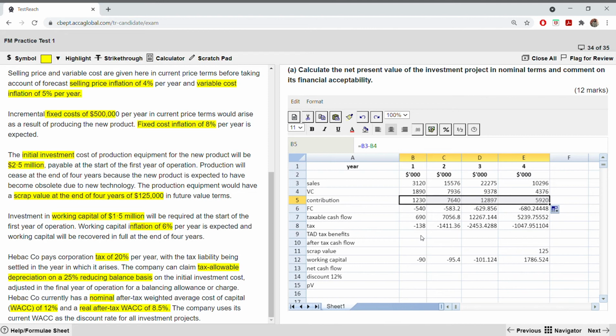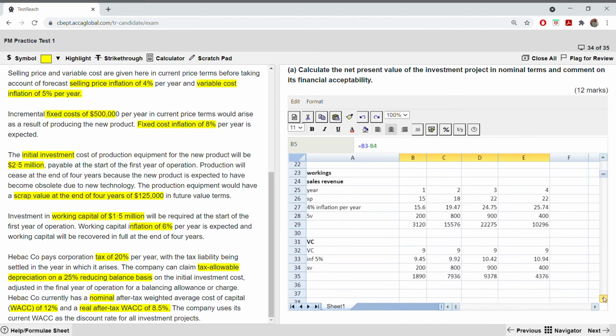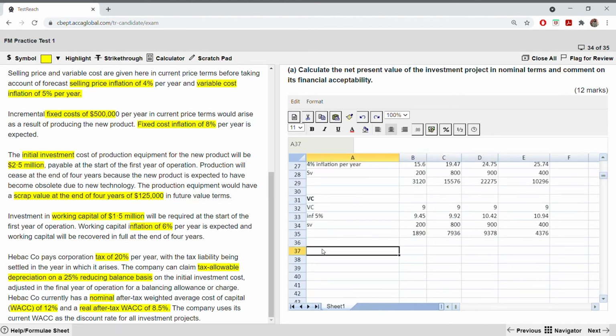Next we have the tax benefits of allowable depreciation as a third working. And working capital. So for the others we don't have any working. We just have, for working capital we have, and tax allowable depreciation. Okay. TAD.